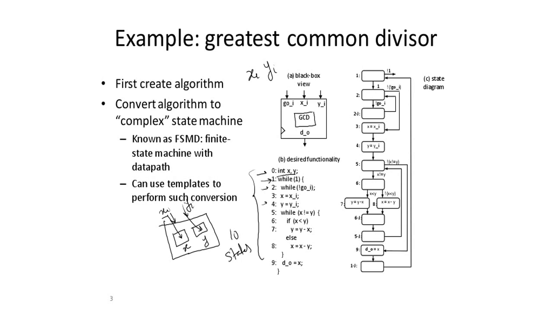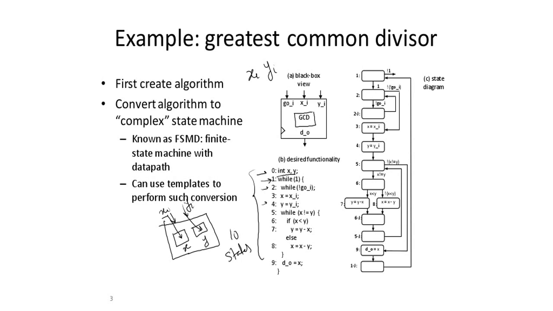Now if I draw the state diagram for this algorithm, what will it be? In the first state, I have to check whether the while loop is there or not. In the next state I will check for the go signal.